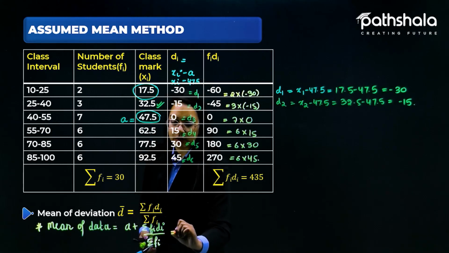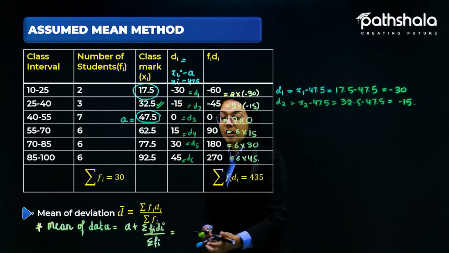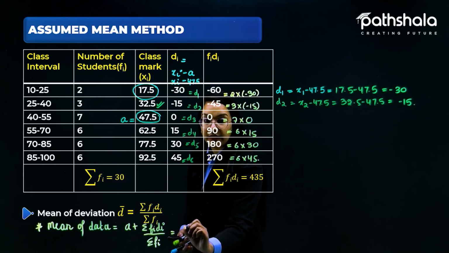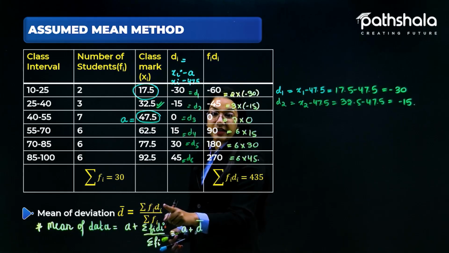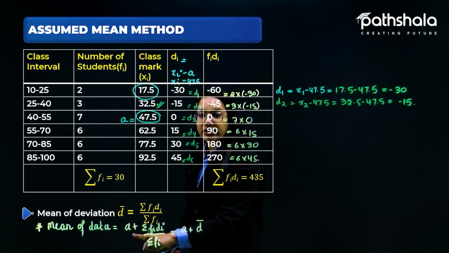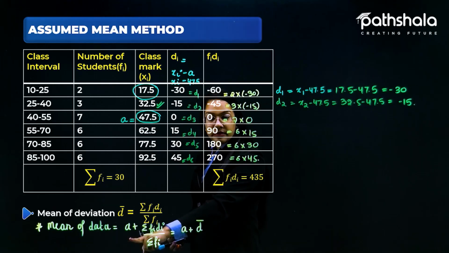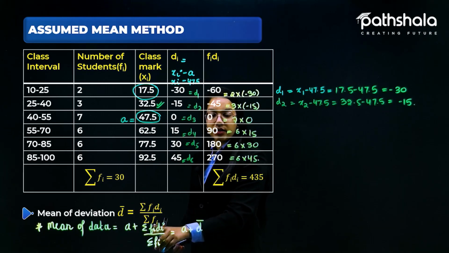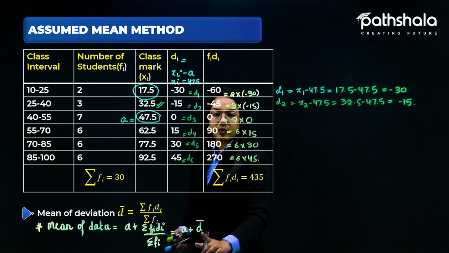This is the mean of the data, and we can also write it as A plus D bar, because we know that D bar represents sigma Fi Di divided by sigma Fi. So the mean of the data using the assumed mean method can be calculated as A, which is the assumed mean, plus sigma Fi Di by sigma Fi, which is D bar.